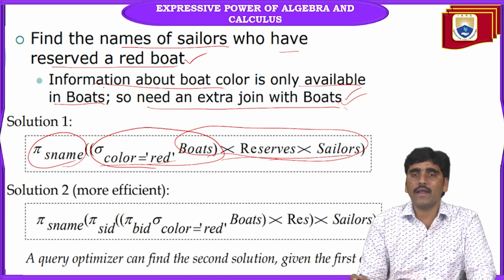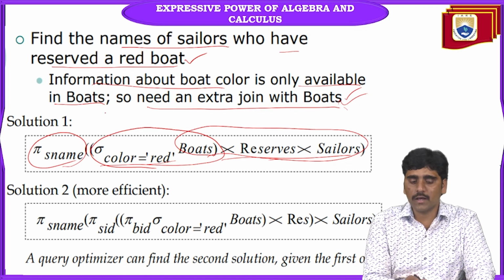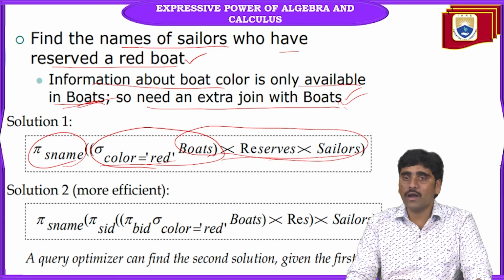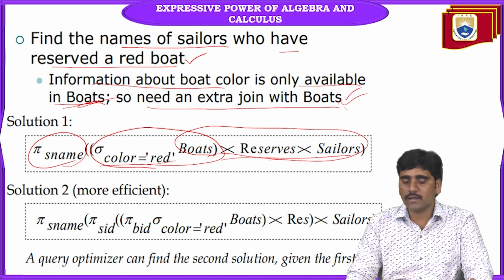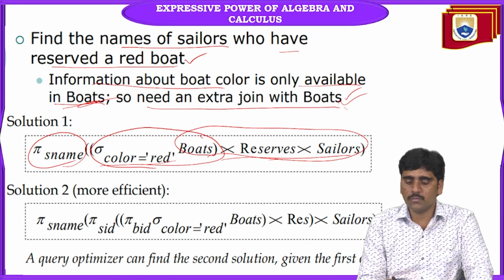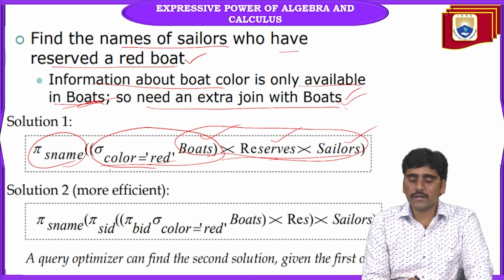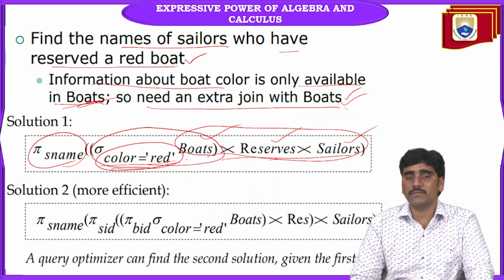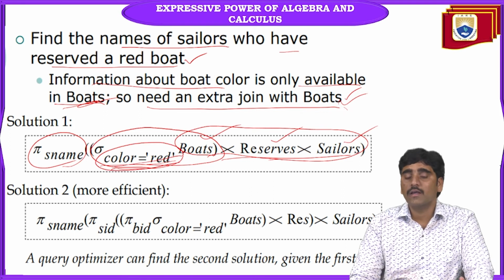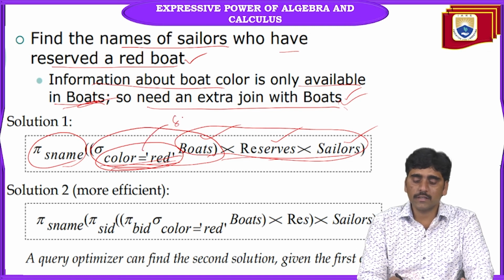Sometimes they give boat color, which belongs to the boats table, so indirectly we have to take three tables: boats, reserves and sailors. And on what condition am I going to display the names? The condition is color equals to red.